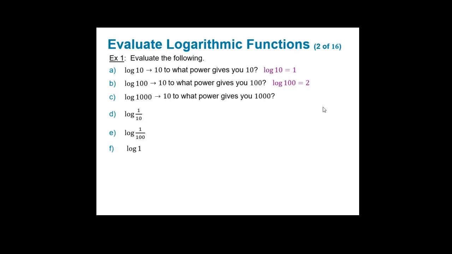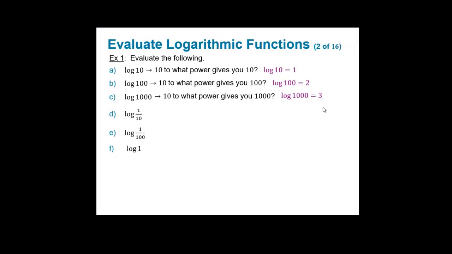So C, log of 1,000. So 10 to what power gives you 1,000? So log of 1,000 is 3. What about log of 1 over 10? So we have to think about exponent rules. What puts something in the denominator? What kind of exponent?